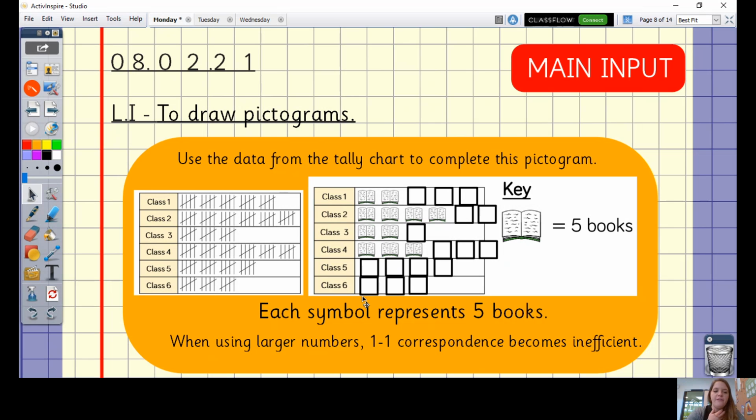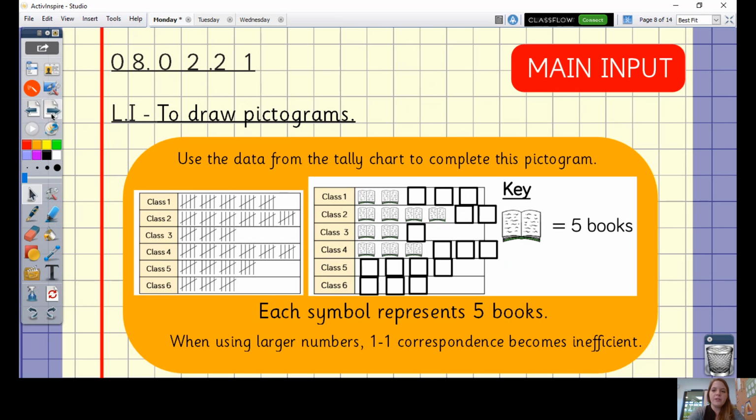Because if my data was showing 50 of something, I would have to draw 50 of one symbol. But if my symbol represented 10, I would only have to draw 5 symbols. So we need to make sure that we're not always using one-to-one correspondence, that we're using different amounts when the numbers are getting larger.